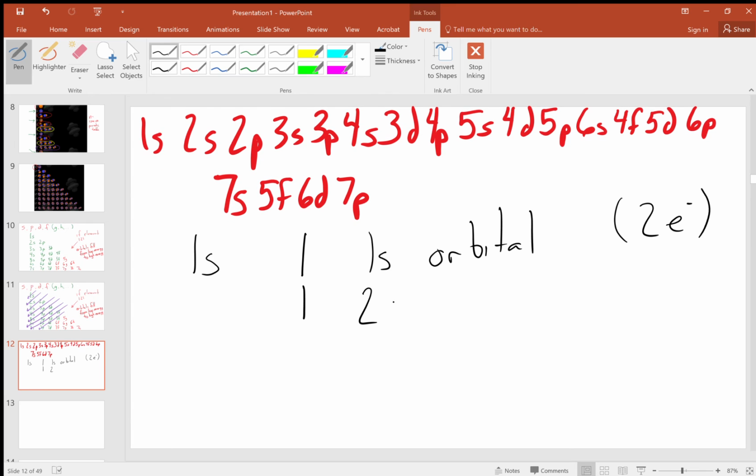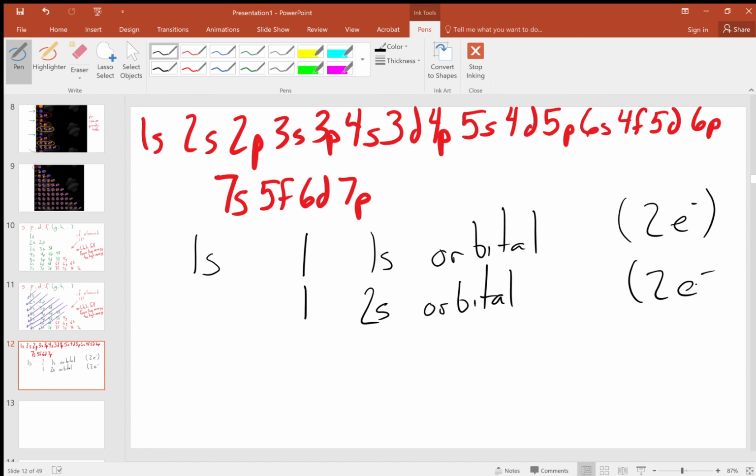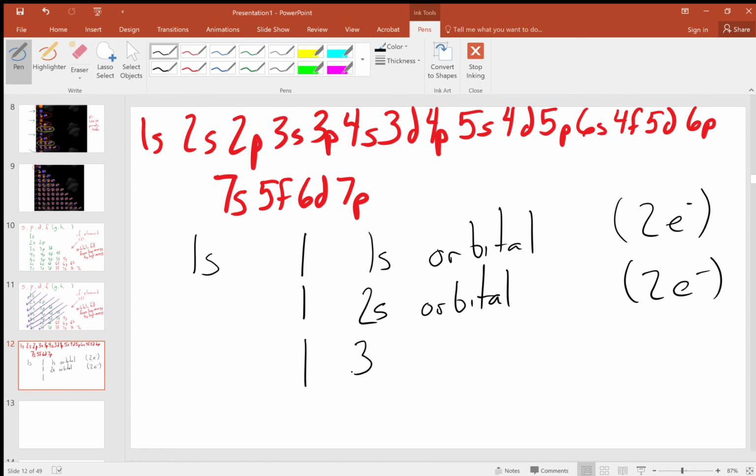There's one 2s orbital. It can hold 2 electrons. There's one 3s orbital. It can hold 2 electrons, and so on. Any of the s orbitals can hold exactly 2 electrons. But it's different for p, d, and f.